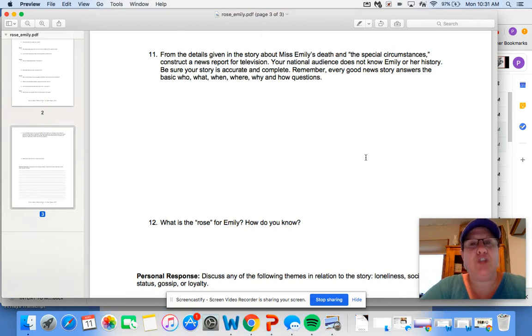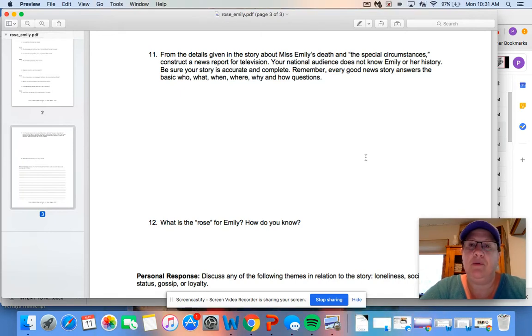Then 11 says, from the details given in the story about Miss Emily's death and the special circumstances, construct a news report for television. Your national audience does not know Emily or her history. Be sure your story is accurate and complete. Remember, every good news story answers the basic questions of who, what, when, where, why, and how.